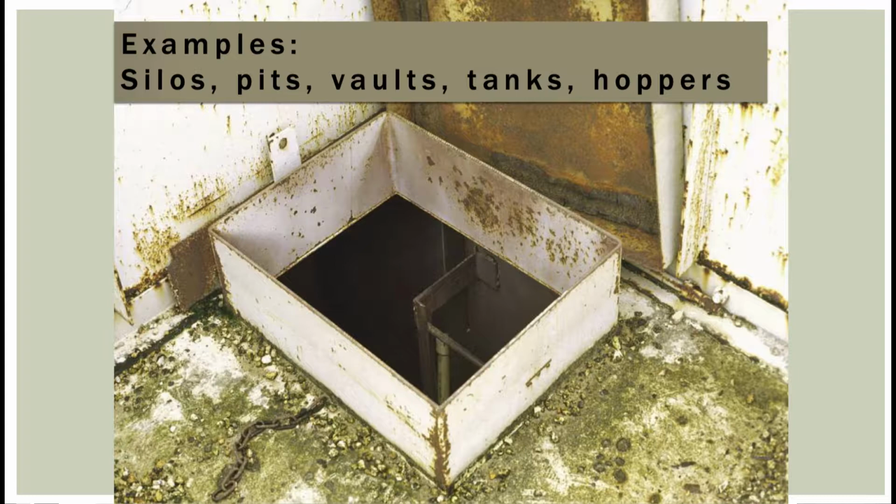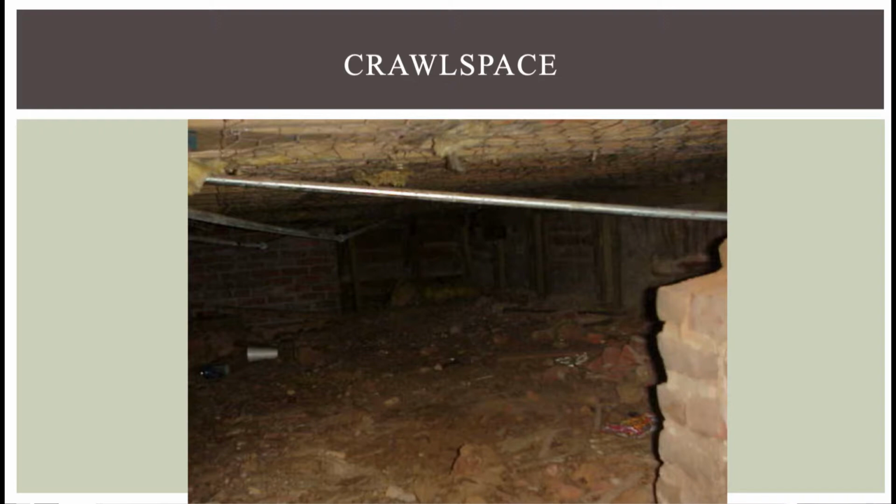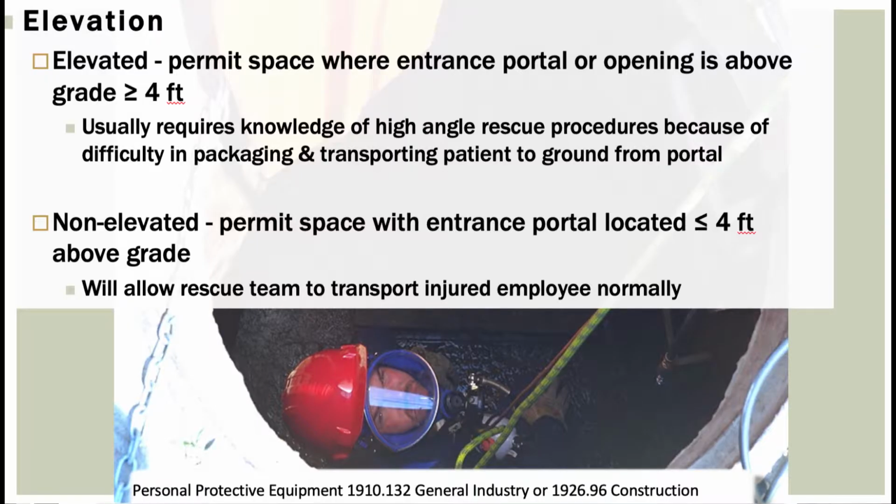So some examples of confined spaces, whether they're permit required or not, means that they meet one or more of those previously defined terms. So silos, pits, vaults, tanks, and hoppers, as well as crawl spaces, can be seen as confined space.